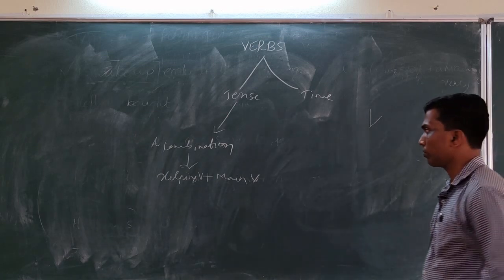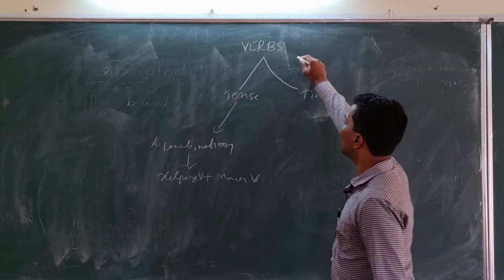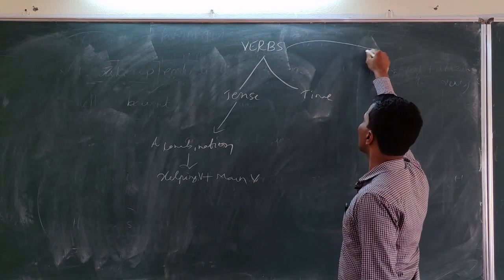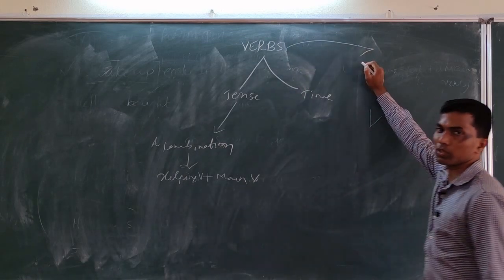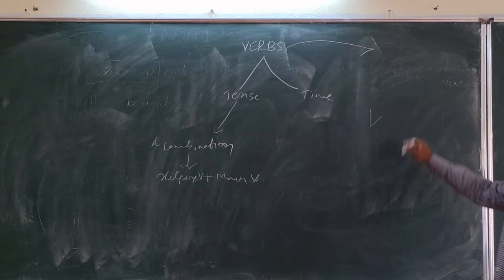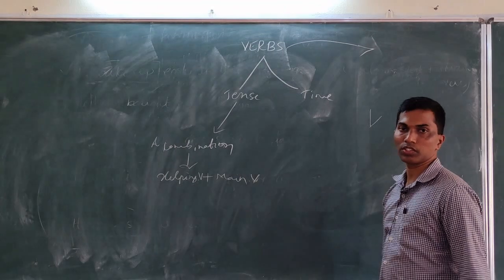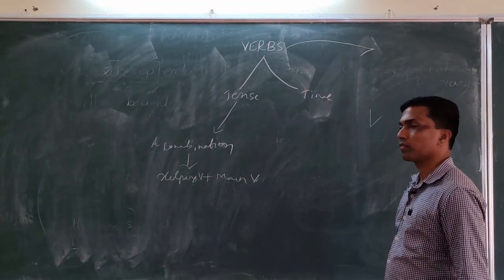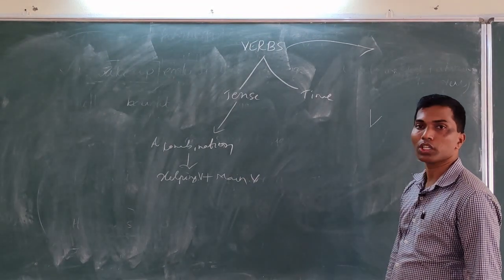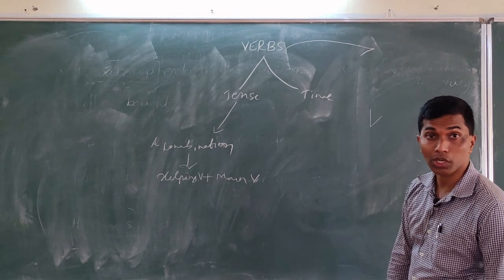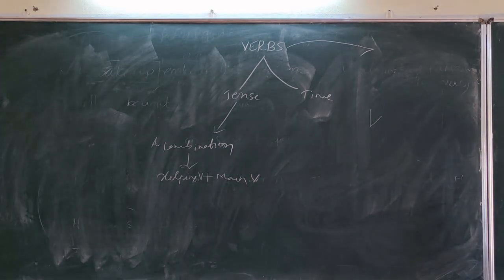Now, okay, in the verb there were two types of verbs. Okay, we did see, right? Now, main verb and helping verb. To understand a tense, as I've told you, we have to focus more on helping verbs, because it is the helping verbs which decide particular tenses.